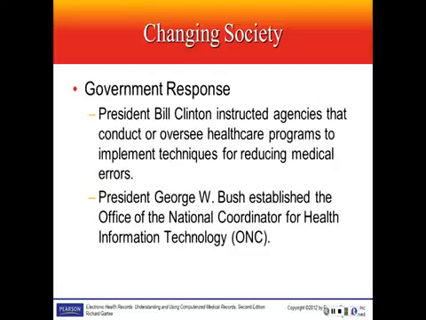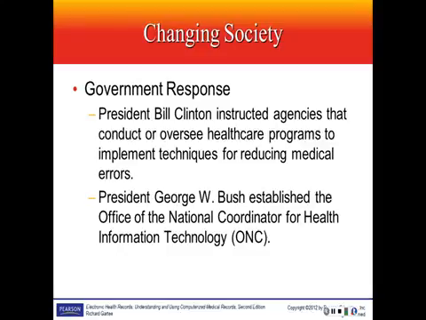President Bill Clinton's administration issued an executive order instructing government agencies that conduct or oversee healthcare programs to implement proven strategies for reducing medical errors and creating a task force to find new strategies for reducing errors.